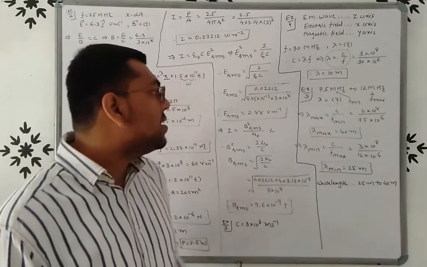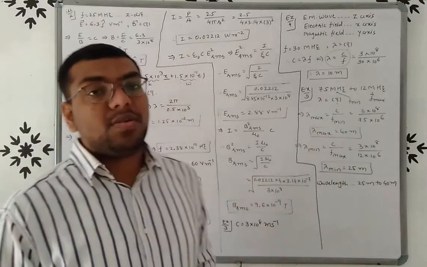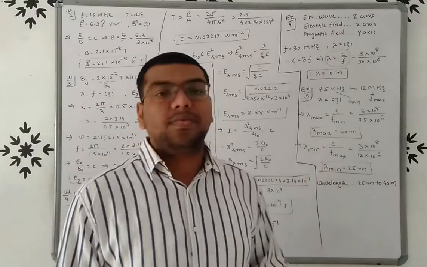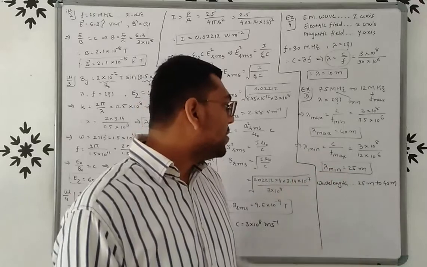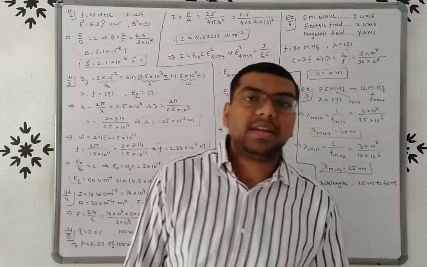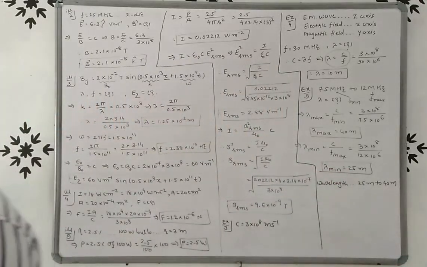And for minimum wavelength we have to take frequency maximum. So minimum wavelength will be 25 meter, right? So here the range of wavelength is 25 meter to 40 meter. So this is about example number 5.